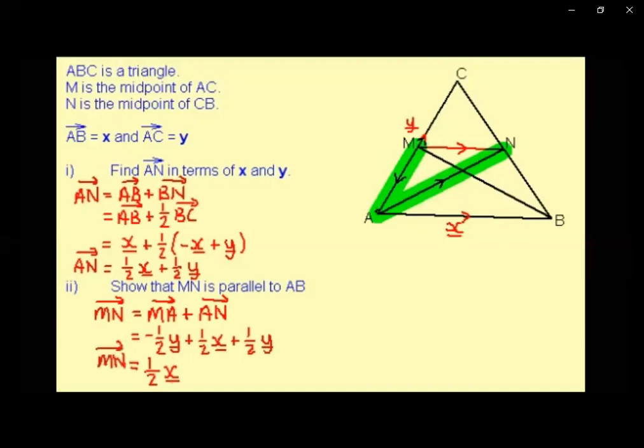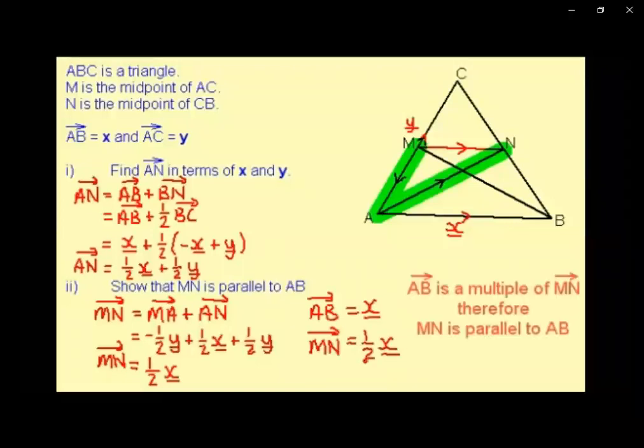If I now look at vector AB, I can see that that's vector x. If I compare this with vector MN, which is a half of vector x, I can see straight away that the directions are the same, but that this one is a multiple of this one, so they must be parallel.